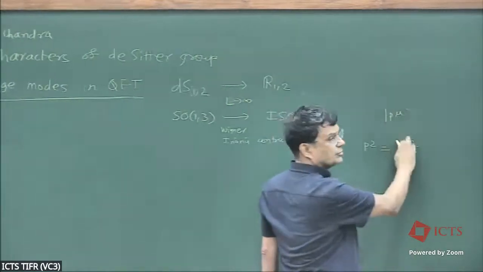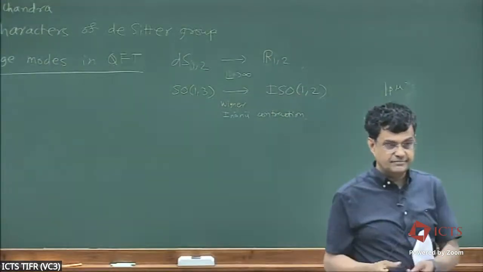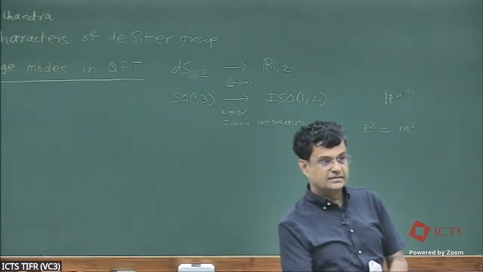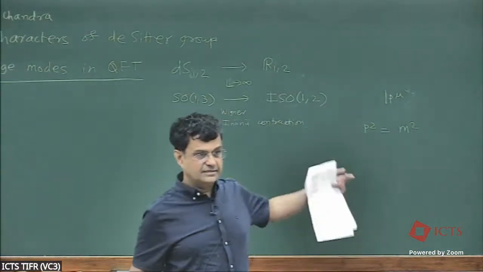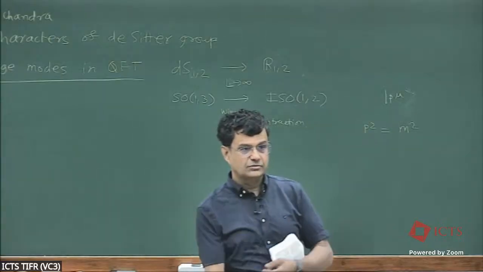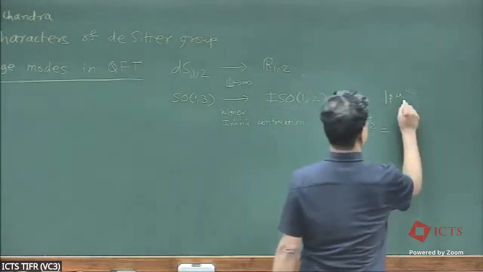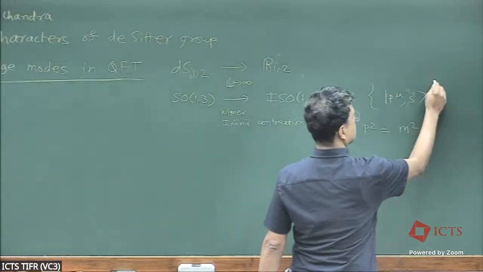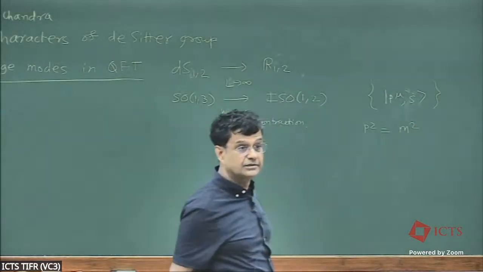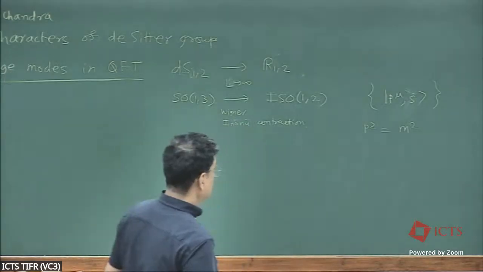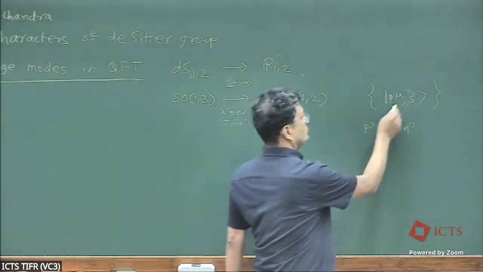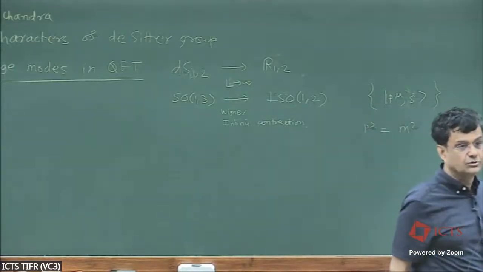Then you go to the little group, the rest frame of that particle. It's a massive representation, and the little group in this case is SO(2). You look at the representation of that, and that gives you the spin of the particle. This is an infinite dimensional, unitary representation, labeled by 2 Casimirs.